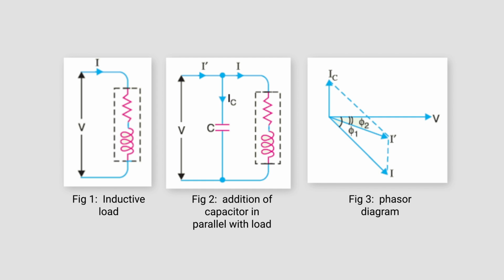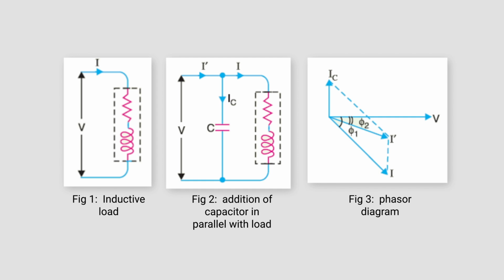So here you can see in figure 2 what we are doing. We are just inserting a capacitor across this inductive load. So if voltage V is connected across this RL load, and the capacitor is connected across this RL, let this current be I dash. So this I dash current will be divided into two currents, that is current I and current I suffix C.